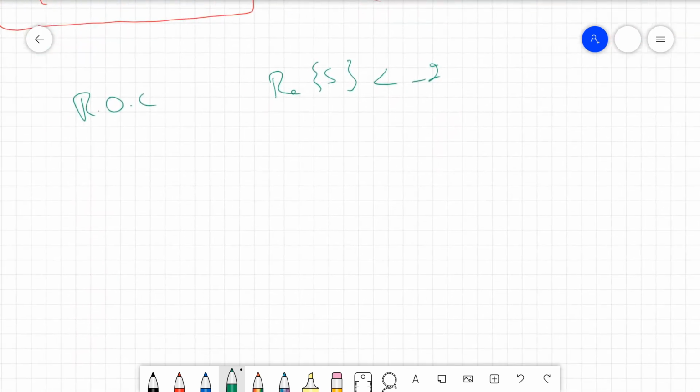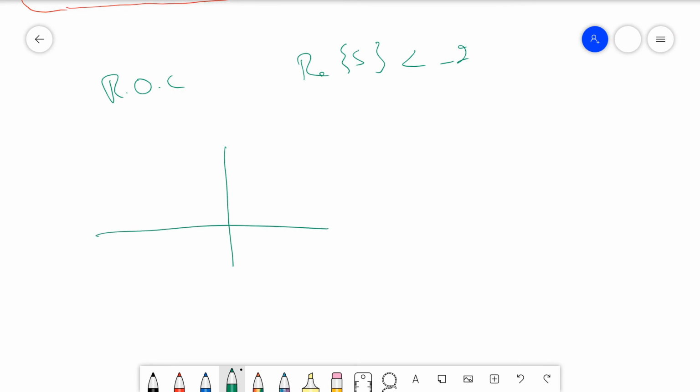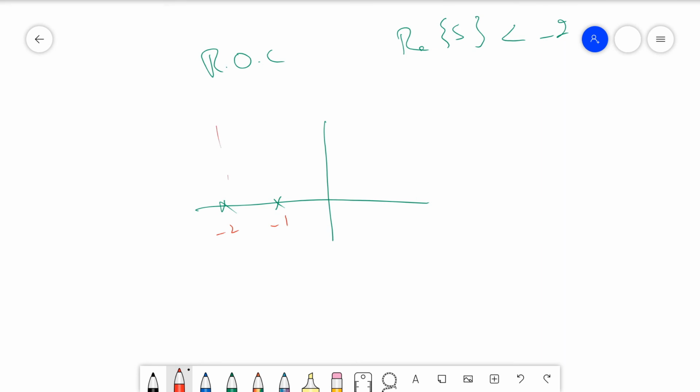So what does that mean? That means that this is minus 1, this is the minus 2 pole again, and the region of convergence will be less than minus 2, here on this left side.